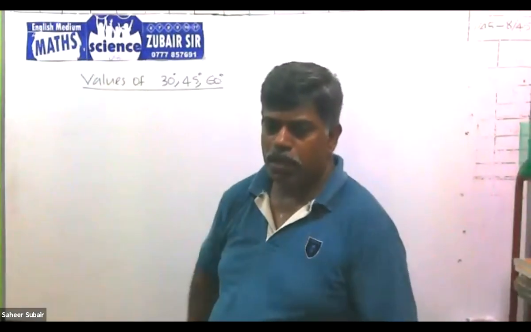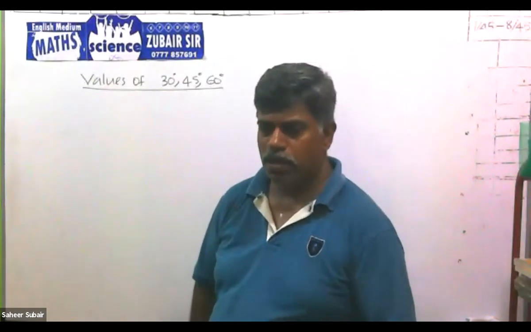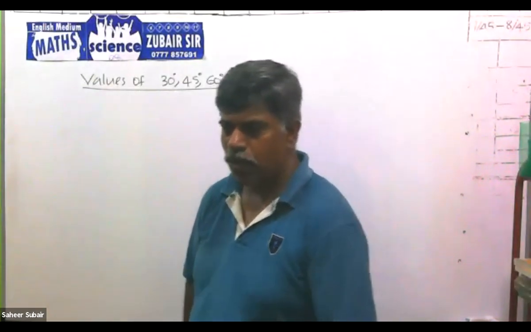Without seeing the sin cos tan table, we can find these values by using fractions or surds.